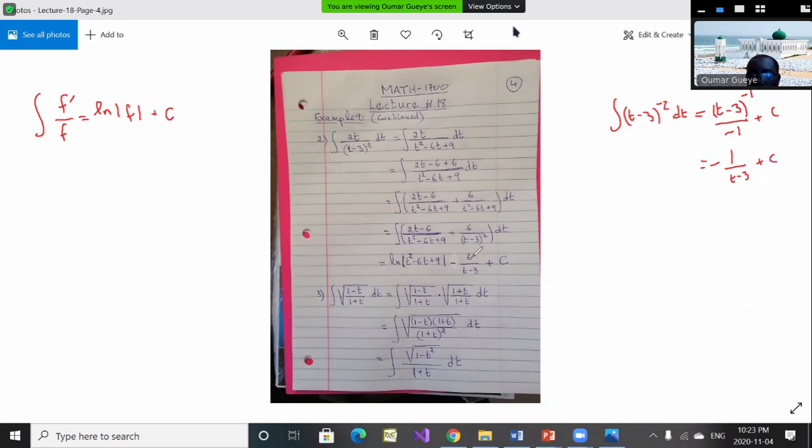So that I use to get the second term, and then I multiply by 6. So we have the minus sign coming from here, and plus the constant c. Done.